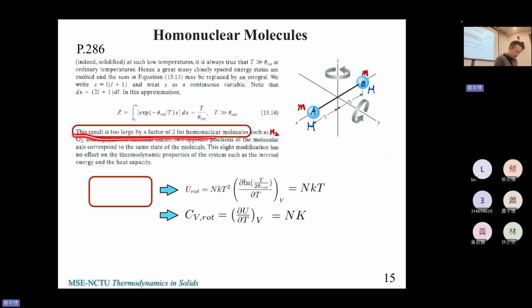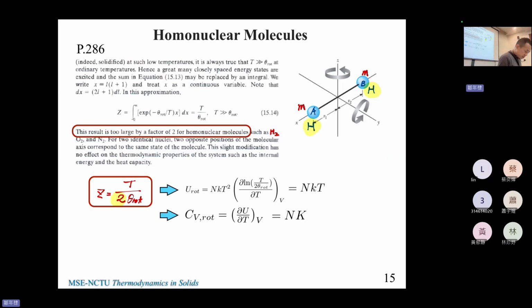So this means Z, previously in high temperature T over theta ROT, right? You need to divide by 2. That's the meaning of the homonuclear molecules.